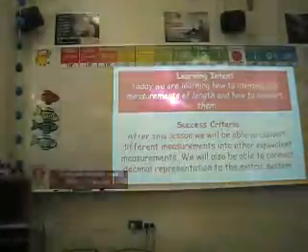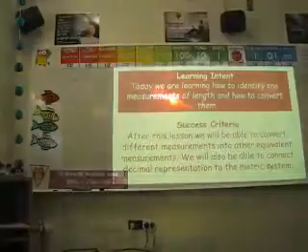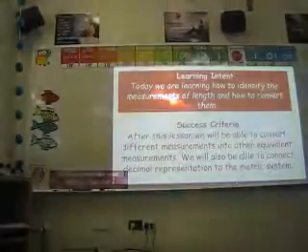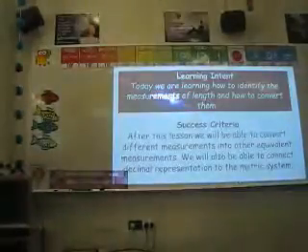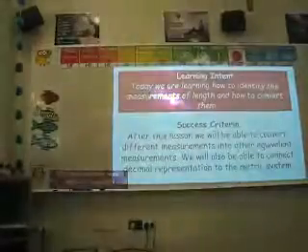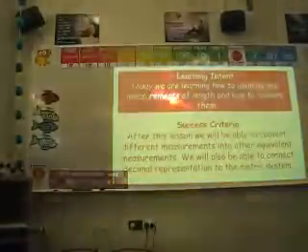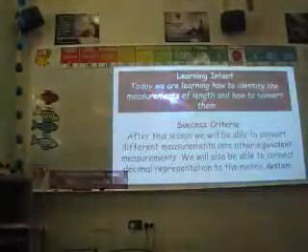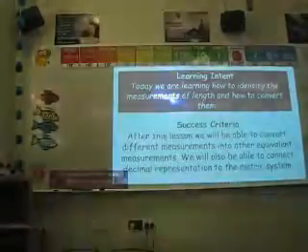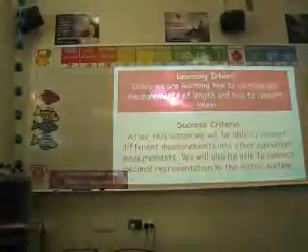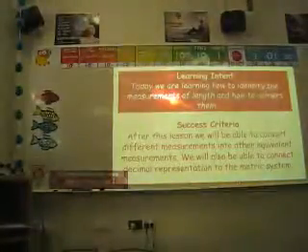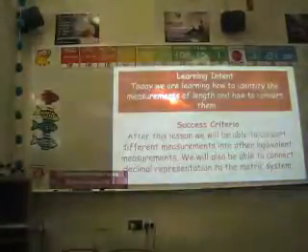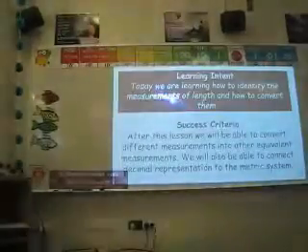Okay, so success criteria. Kate, can you please read out the success criteria? After this lesson, we will be able to convert different measurements into other equivalent measurements. We will also be able to connect decimal representation to the metric system. Okay, beautiful. What does equivalent mean? Nick.